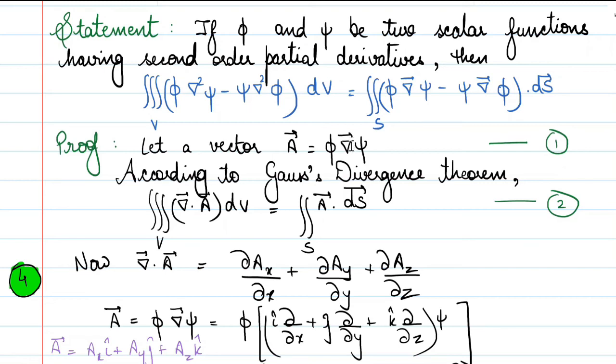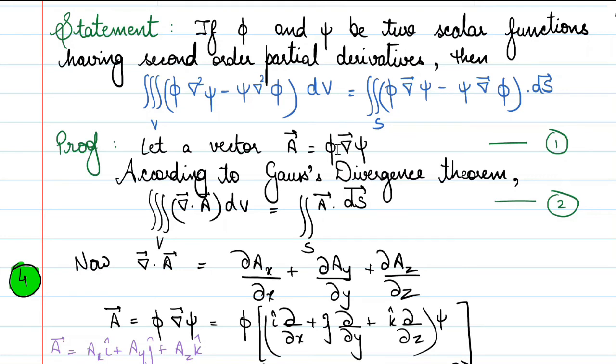And also gradient of only a scalar function is possible. So here when we take gradient of scalar function psi, we obtain a vector, and then again we have another scalar quantity phi. So phi multiplied by any vector would again give us a vector. You know, a scalar multiplied by a vector gives us a vector.